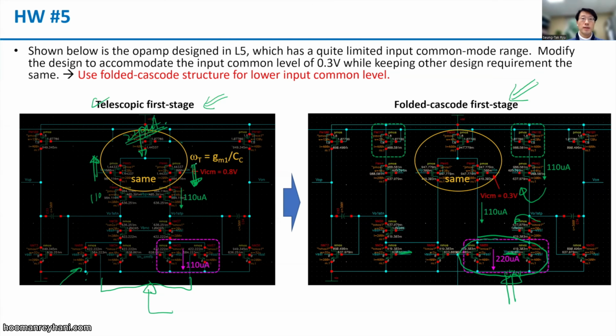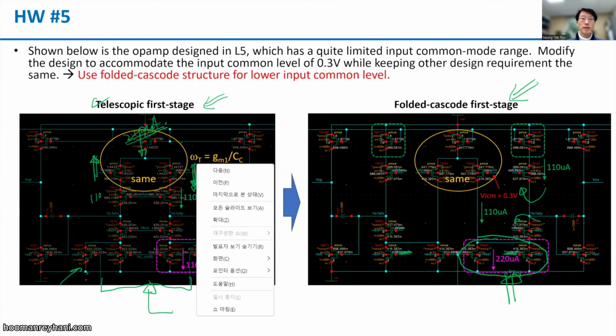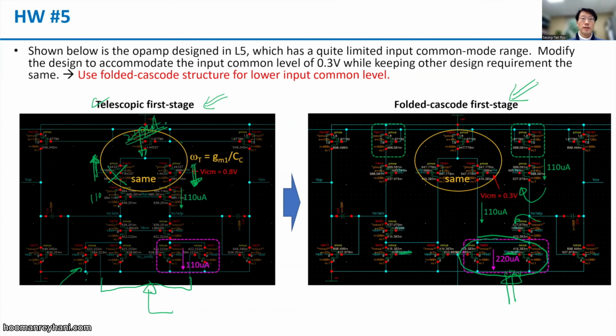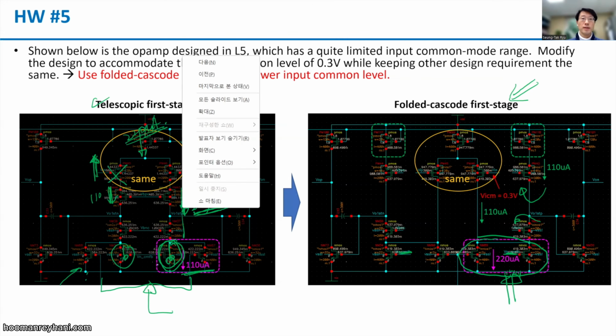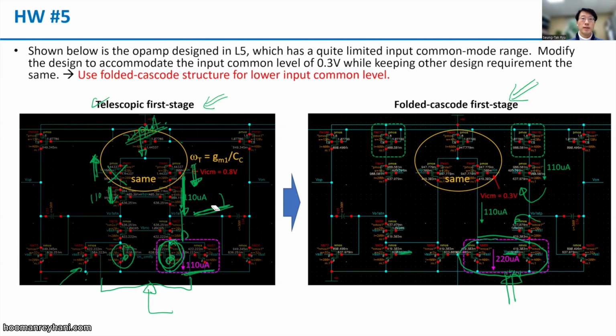When the input signal splits like this, this one will be turned off and no current will be here. And here we're going to have a 220 microampere current, while these guys still provide 110 and 110. Because here we have a current source of 110, half of the current will go to the current source, while the remaining half, 110, goes to this path.